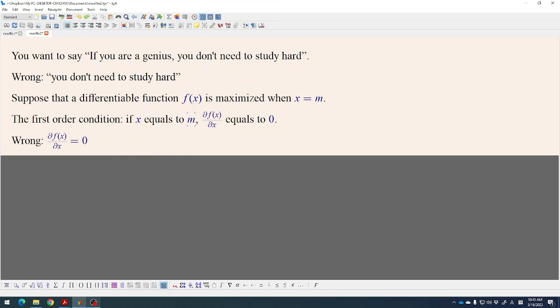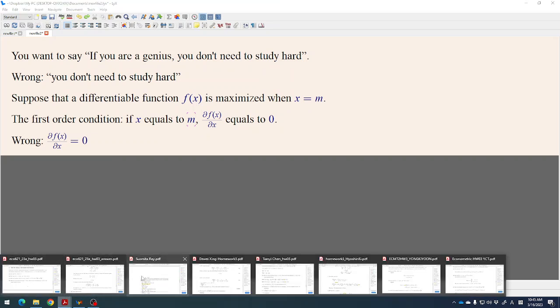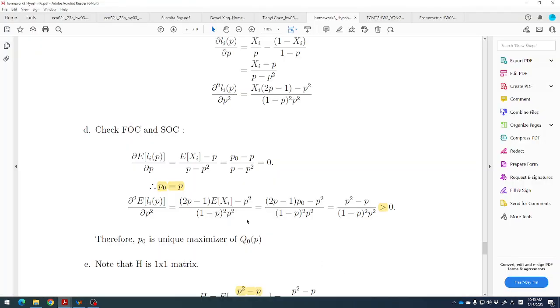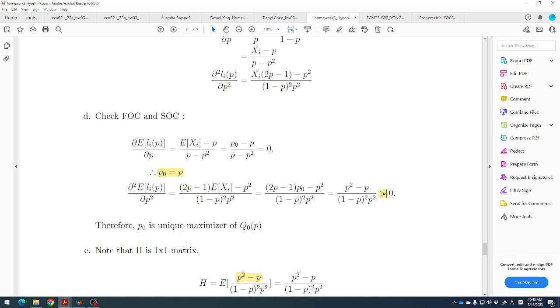That's what we mean. And following the sentence, like you are speaking a sentence, you have to say p equals p0. That is a more natural way of writing. Here, an algebra mistake: I believe it should be negative. I don't know where the mistake was made. Because we are doing maximization, it should be negative. Okay.